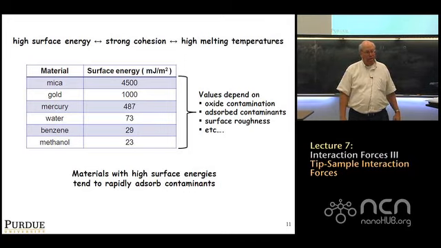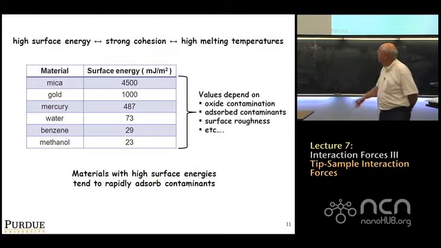There's an equation by Young and Dupre that allows you to take a contact angle and work backwards and get the surface energy of the solid. If the solid is not smooth and is porous, that would become more complicated.